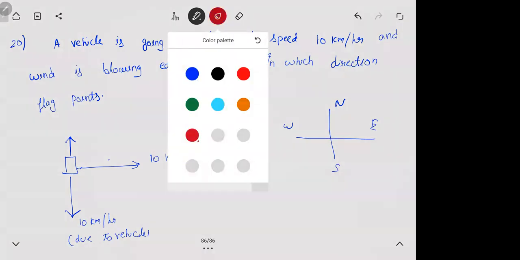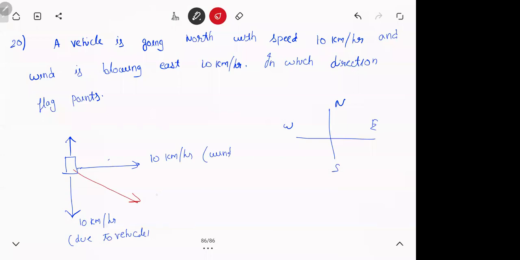The resultant will be in between, southeast. So the flag points southeast. Got the sense? We didn't do anything much other than vector components. If you see this full relative motion chapter, it is like vectors only. Stop them, put the relative velocity, finish it off. So in this case, the flag will be pointing southeast.